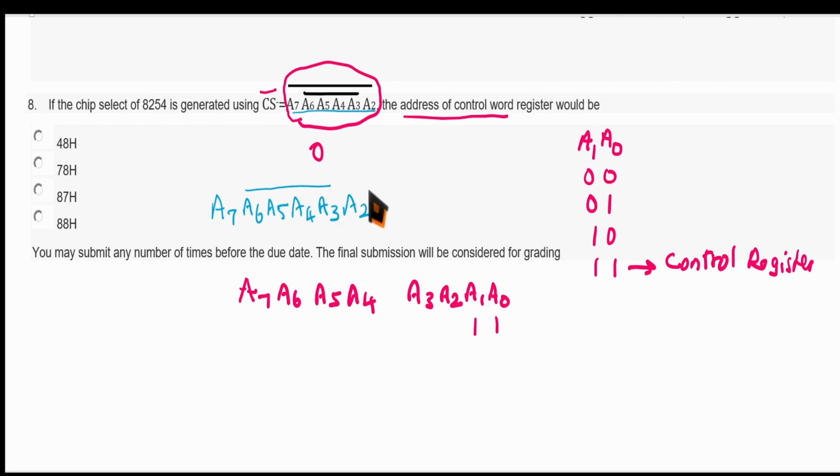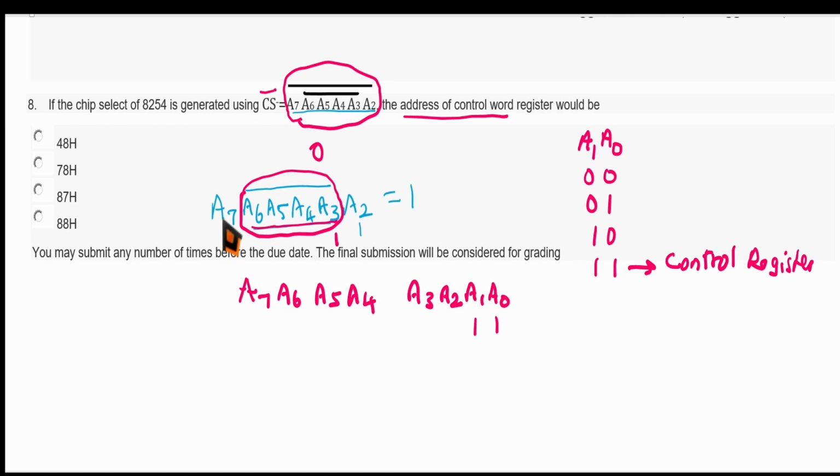You put a bar here. This should produce 1. See, this is like AND gate. A7 and A2. So A7 and A2 should be 1. All these values should be ANDed. Then it should be complemented. So this is also AND. When you take complement, it should be 1. So this total value should be 1.